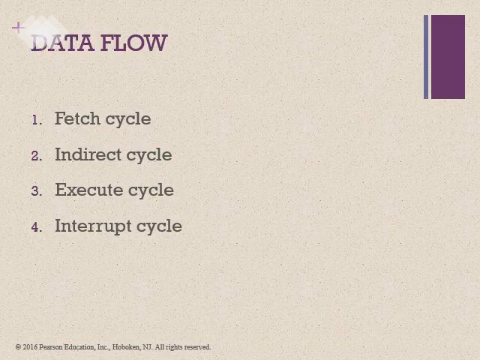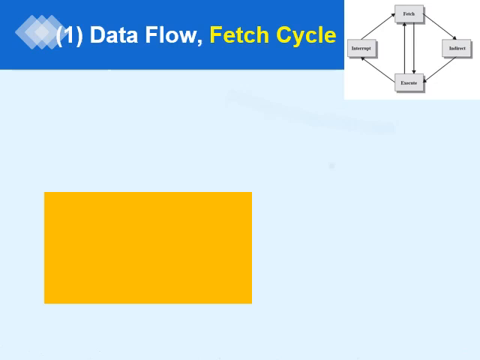Now we are going to look in detail at all the 4 cycles in data flow: fetch, indirect, execute, and interrupt. We start with the fetch cycle. Before that, students need to understand that the exact sequence of events during an instruction cycle depends on the design of the processor.